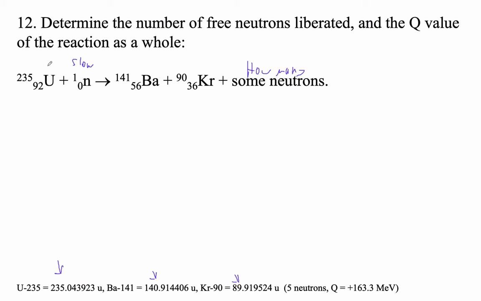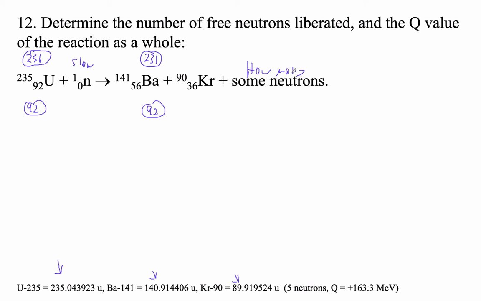So 235 plus 1, there's 236 total nucleons, and 92 of those are protons, right? On this side, we've got 56 and 36 is 92, right? And 141 plus 90 is 231. Right, so the question is 231 plus what is 236, right?